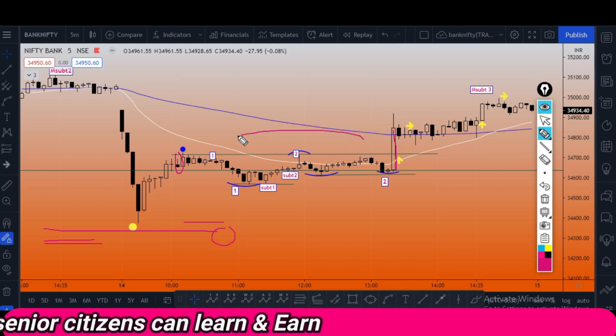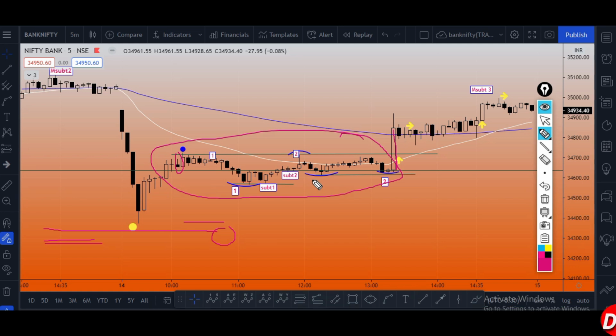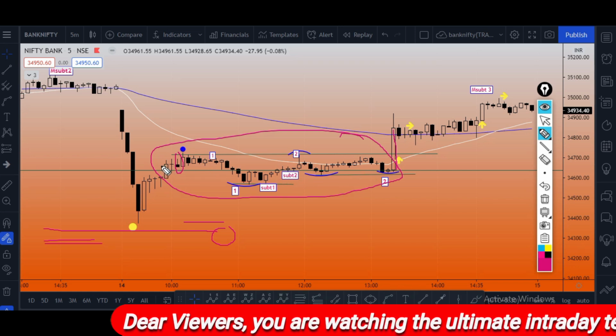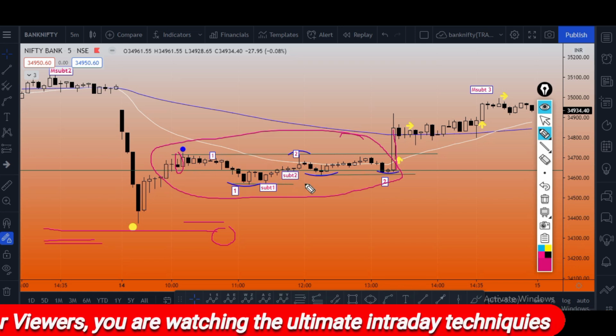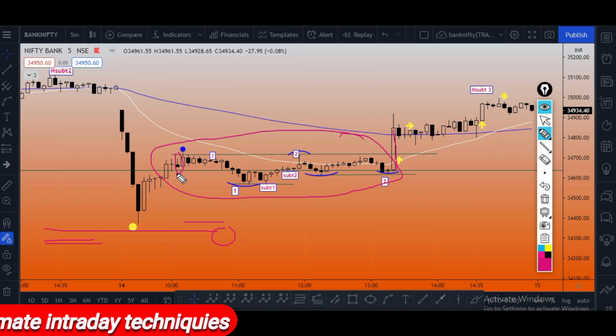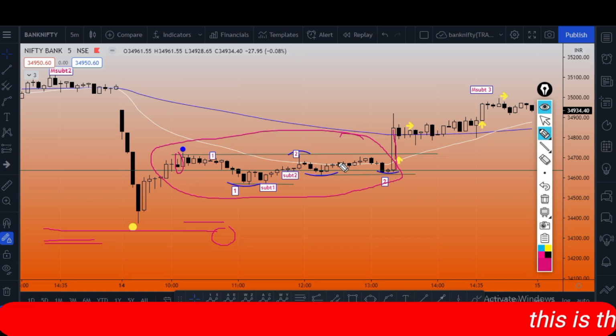It means almost 3 hours price was in this small range. Can you imagine? Three hours before, I gave you the information that price is going to be range bound, and I specifically mentioned the small range. Yes, price is in the small range. See for yourself.